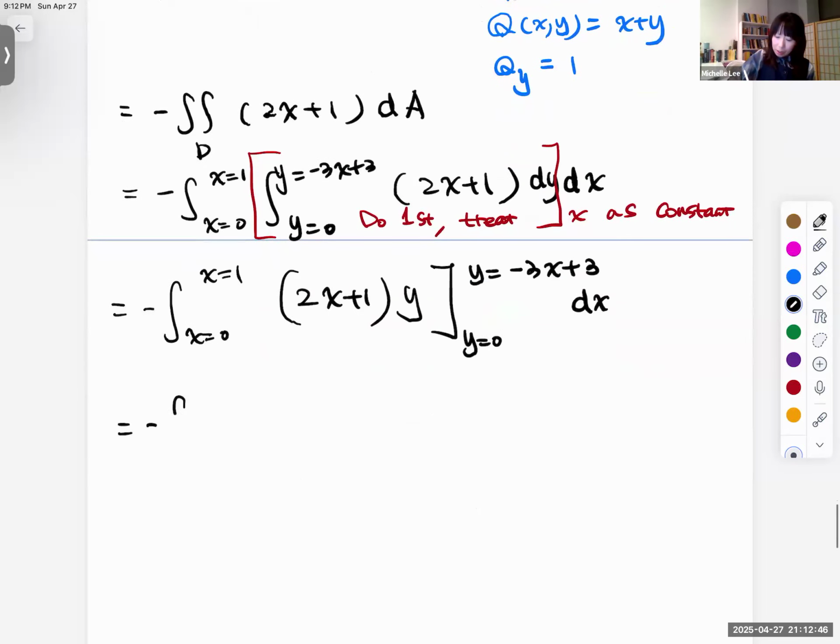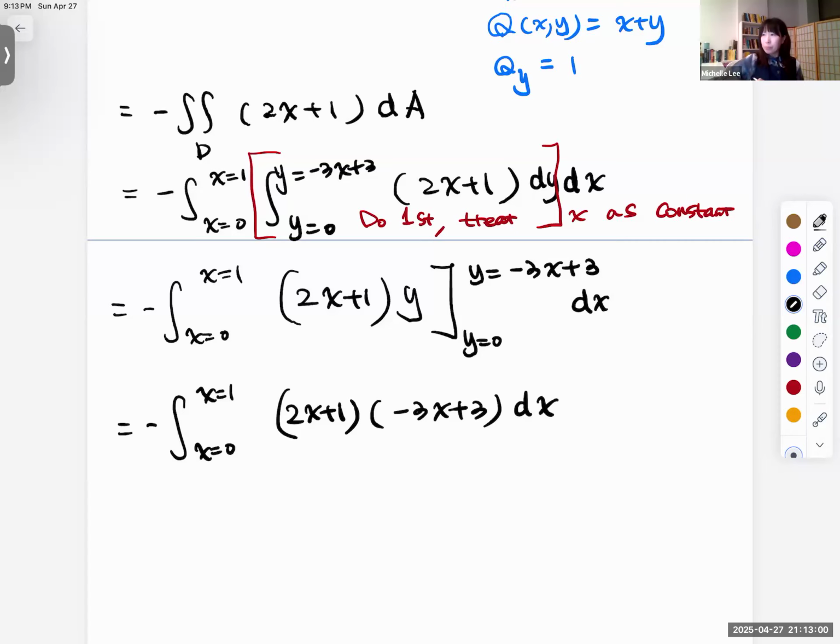Now we have 2x plus 1 times negative 3x plus 3, dx.